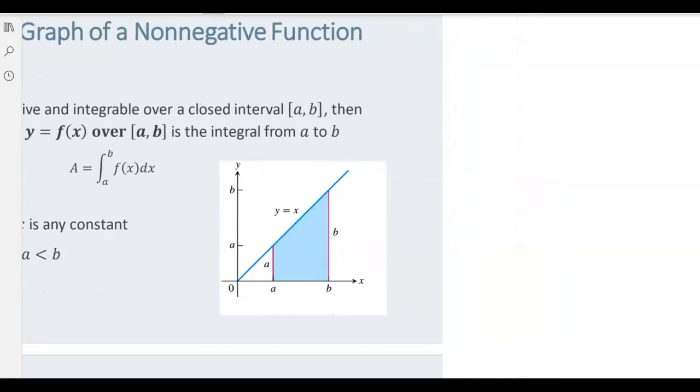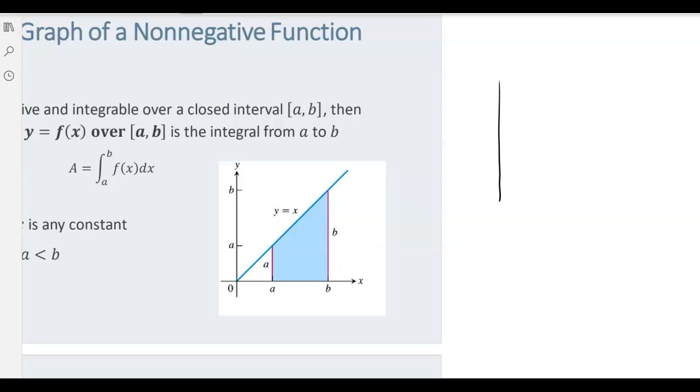Let's draw a picture to think about what that's saying. It's saying that if I have a function which is a constant, let's say it's like here, and then I'm taking the integral between two points, a and b, we're talking about this area, right?